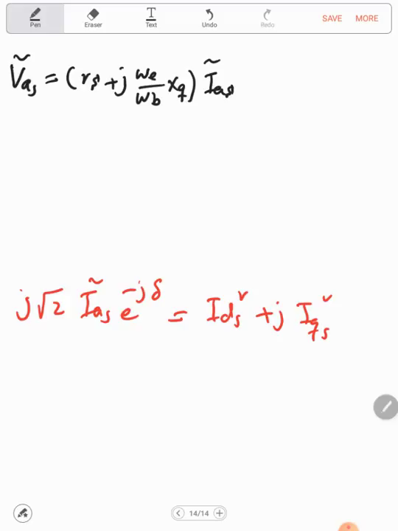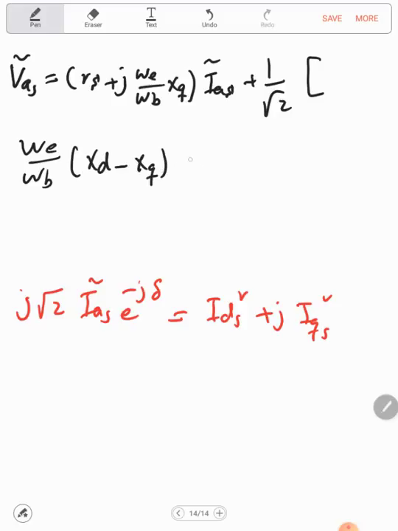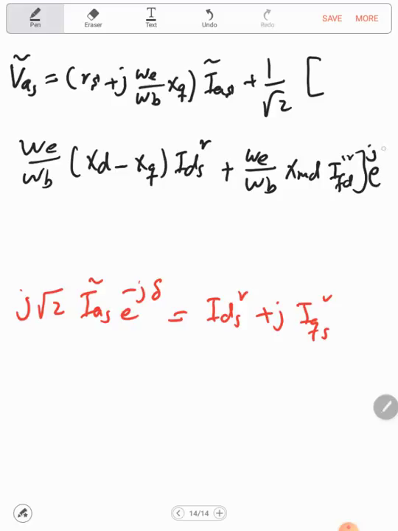So this is as a phasor plus 1 over square root of 2 multiplied by omega E over omega B (XD minus XQ) IDSR plus omega E over omega B XMD IFD dash R, all multiplied by exponential of j delta.